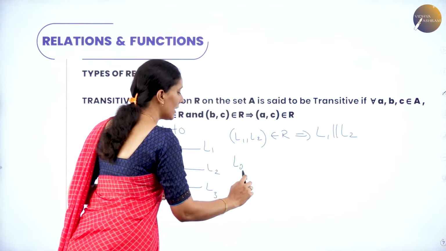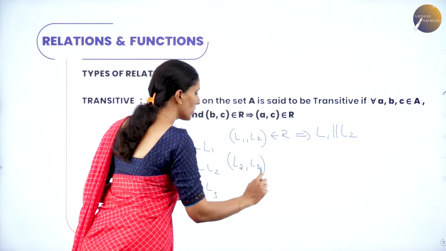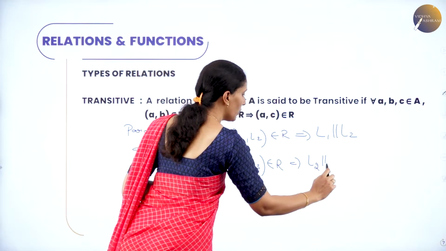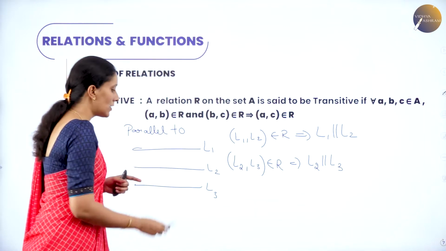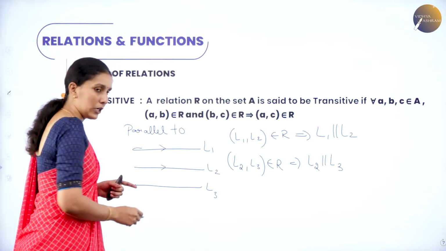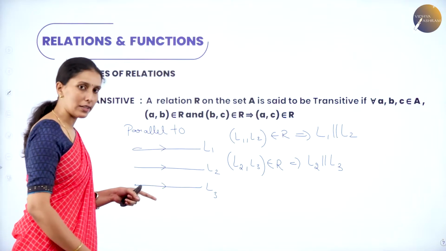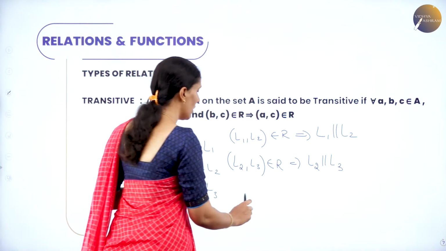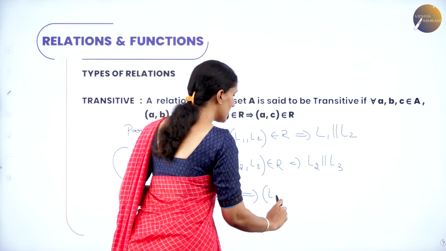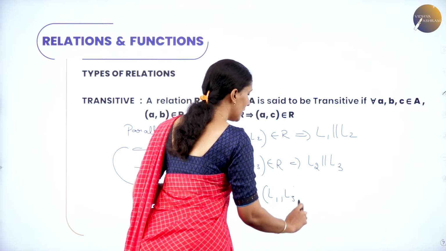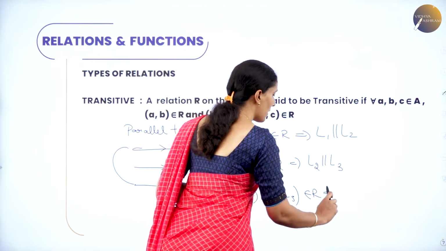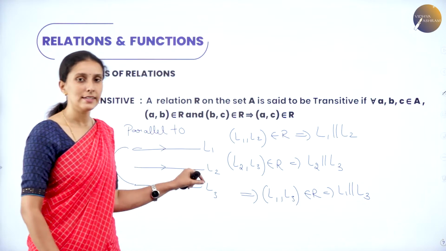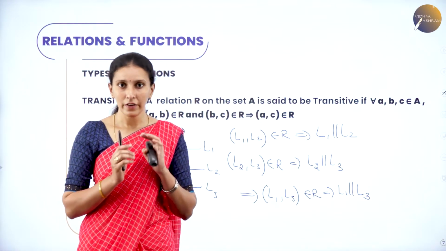Suppose I write (L2, L3) belongs to R. This implies line L2 is parallel to line L3. So L1 is parallel to L2, L2 is parallel to L3. Obviously, I can write L1 is parallel to L3. So these two conditions imply (L1, L3) belongs to R, which implies L1 is parallel to L3. Hence, this is an example for transitive relation.